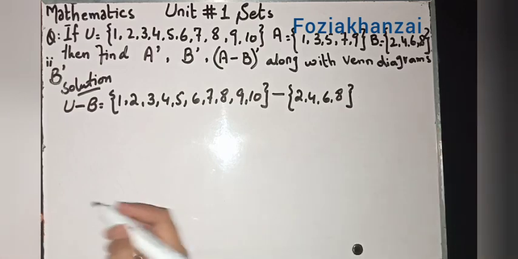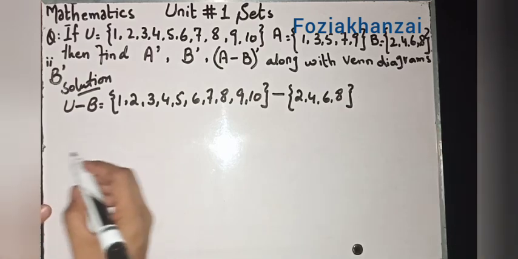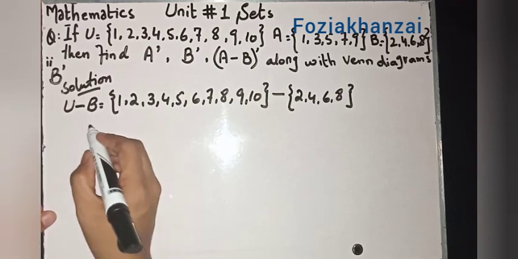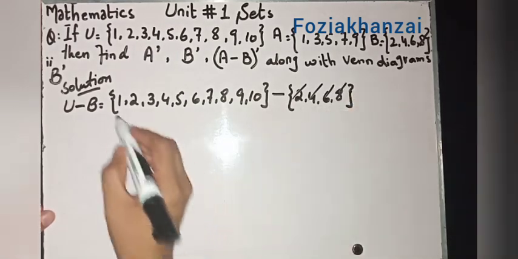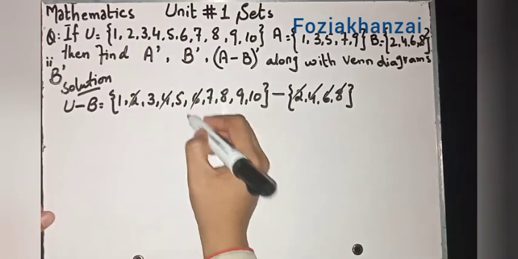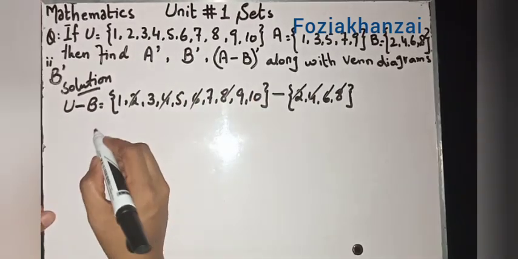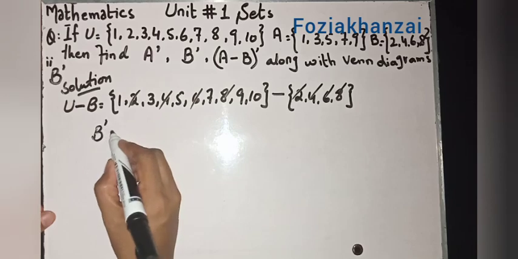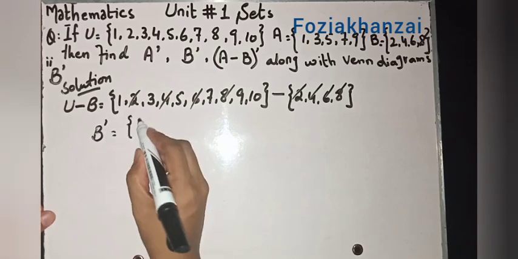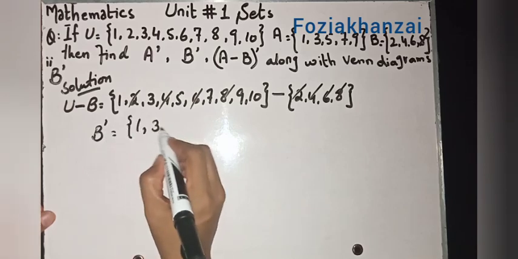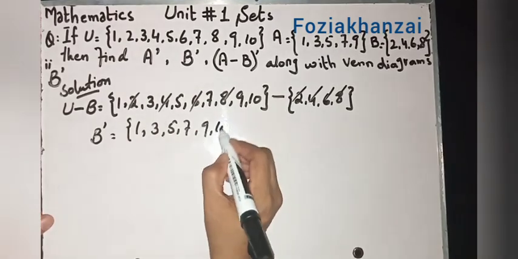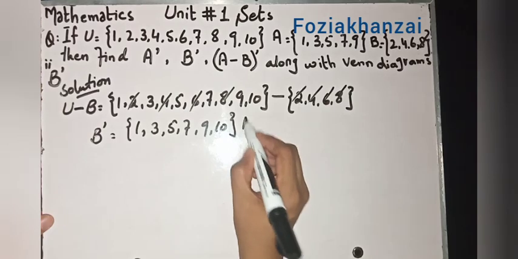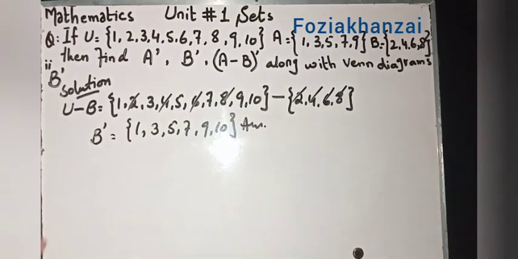Apply same method which we applied in A complement. Cut the same elements 2, 4, 6, 8. Remaining elements of set U, 1, 3, 5, 7, 9, 10, would be the answer of B complement.